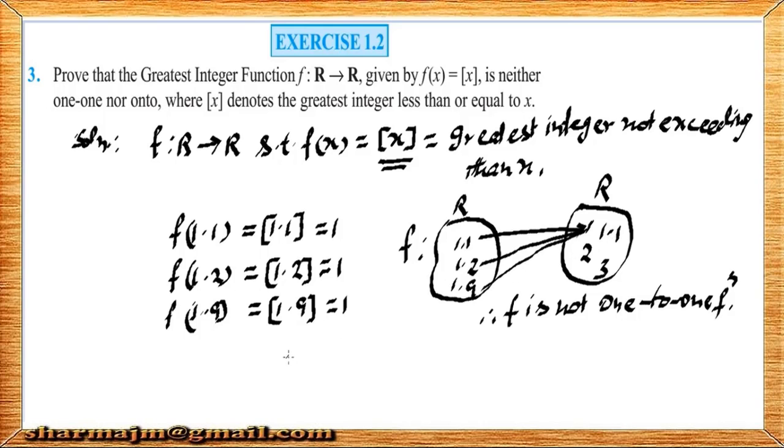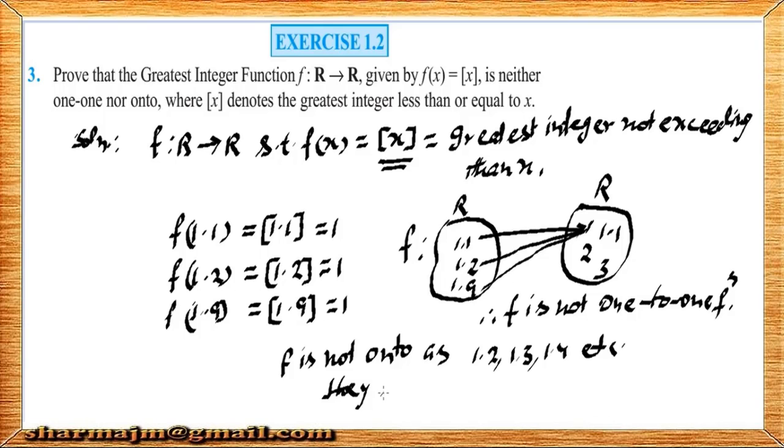So you can write f is not onto as 1.2, 1.3, 1.4, etc. That is fractions. They don't have their pre-images in domain.